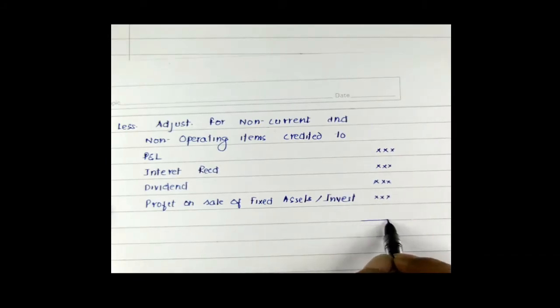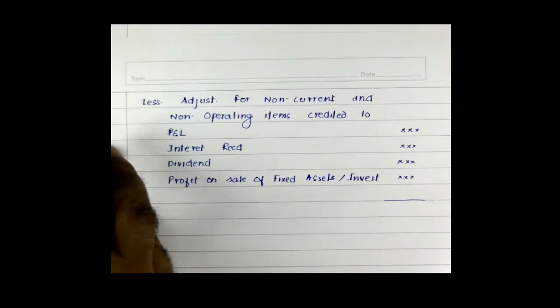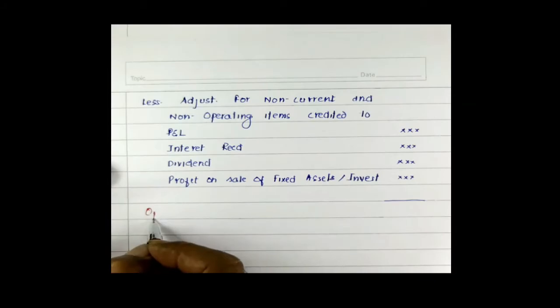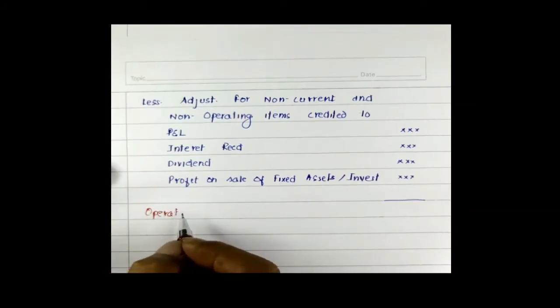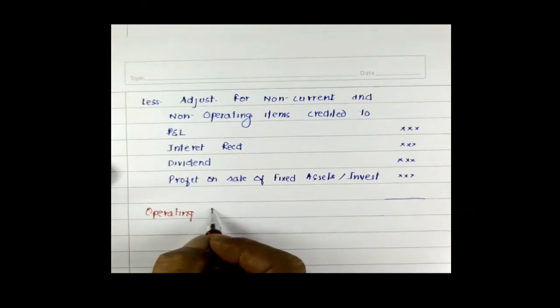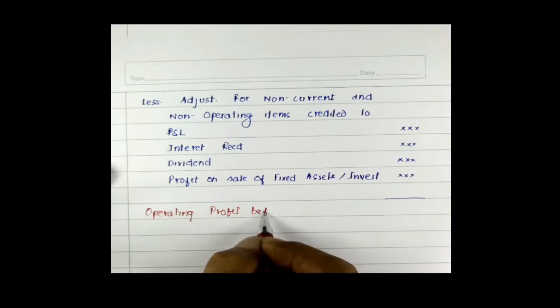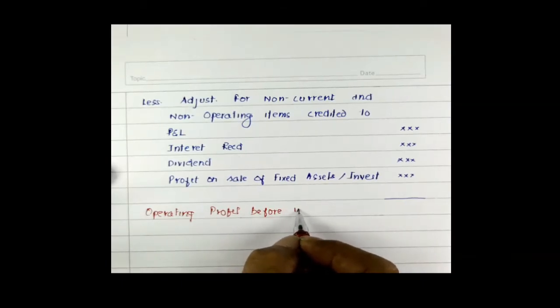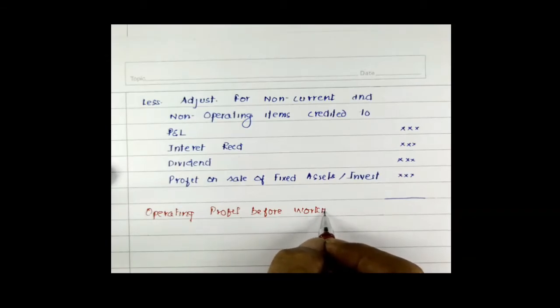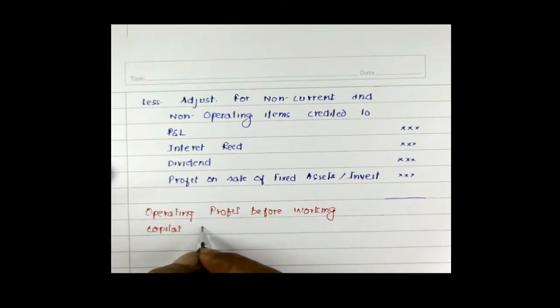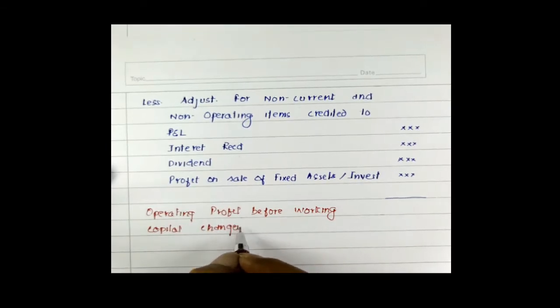After subtracting these items, we will get operating profit before working capital changes. Correct?